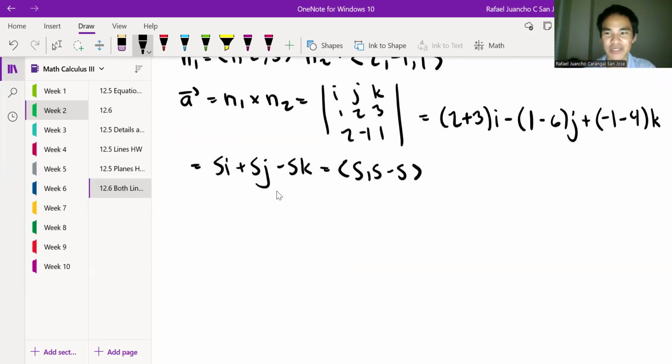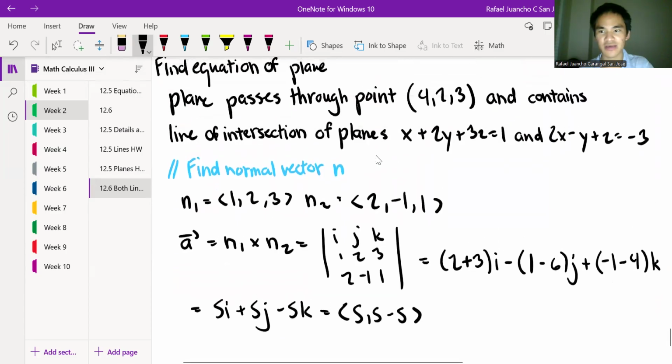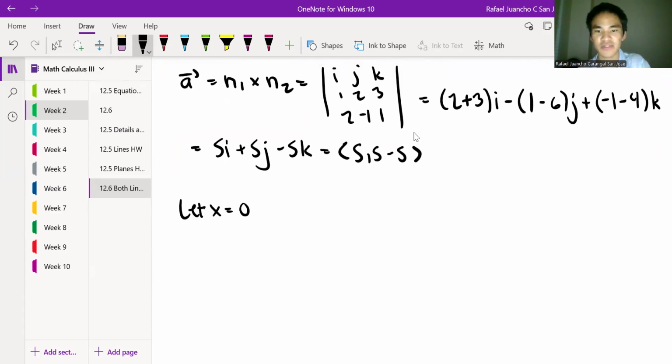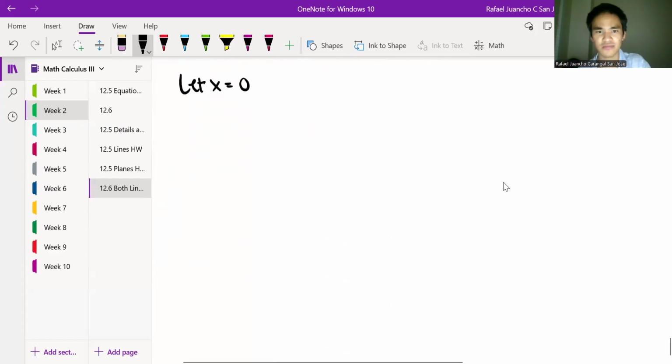So let's do B. Here we want to find a point from the line of intersection. That's what we want to do. So let's say let x be 0. I don't know. So what happens if x is 0? Well, 2y plus 3z is 1.